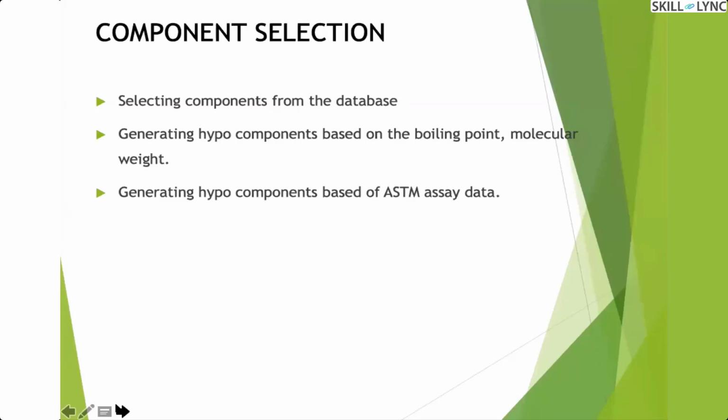And then you can also work based on assay data. Assay data comes from different testing methods like ASTM D86 or ASTM D1160. What you do there is take a bulk of liquid, say 100 ml, and start heating that liquid.